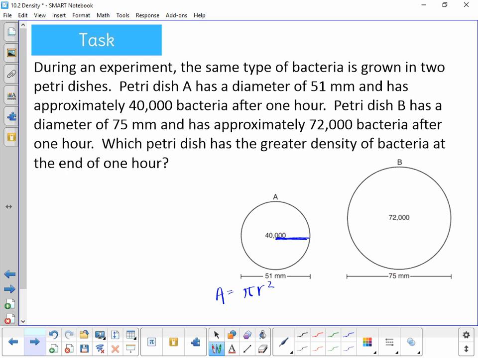So if we divide by 2, we will find that the radius is 25.5 millimeters. So the area is pi times 25.5 squared. Area here is 80.11 square millimeters.